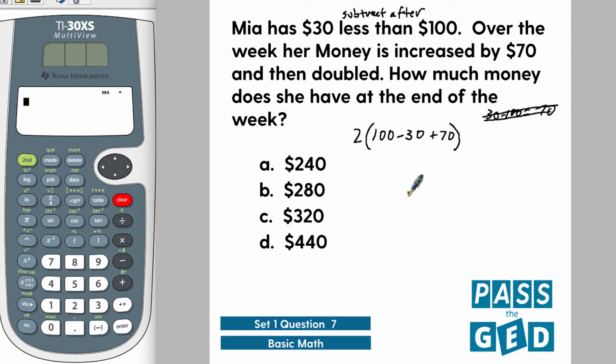Here's how I would tackle this. 100 minus 30 is 70, plus 70. We'll keep that in parentheses, since we're still going to have to double it. 70 plus 70 is 140. And then the number on the outside of the parentheses means multiplication. So what is 2 times 140, or double 140? That's 280. So our answer is B.